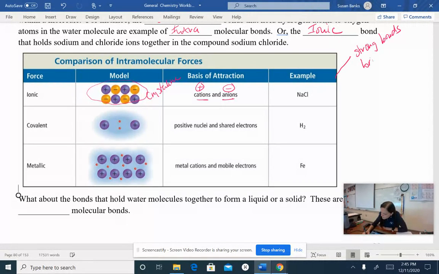And they're brittle. If you've ever taken a crystal, you know that you can shatter it. It doesn't bend, it doesn't give, it shatters. So they're really brittle. They have high melting points and really high boiling points.